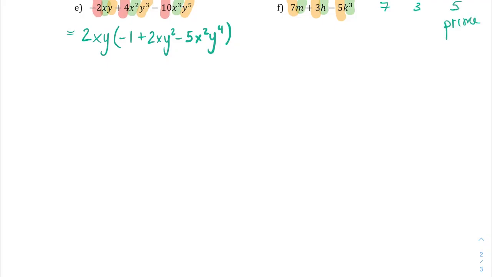Now 5 is a prime number, so it cannot be reduced. 3 is a prime number, cannot be reduced. And 7 is also a prime number, so it cannot be reduced. So this whole equation turns out it cannot be factored. So just don't be afraid if you get these cases. You're right. The teacher is just trying to trick you, right?